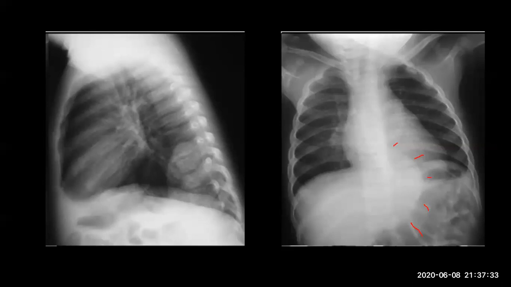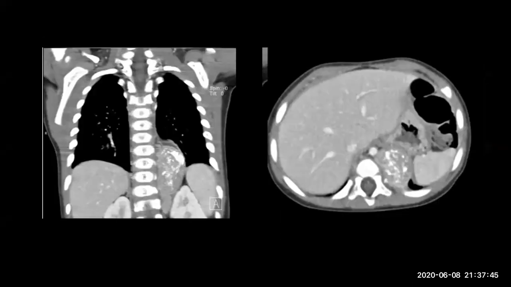What is the next step? CT scan. CT scan, okay? This is the CT scan of this patient. Anyone who wants to say what this is? Neuroblastoma, maybe.